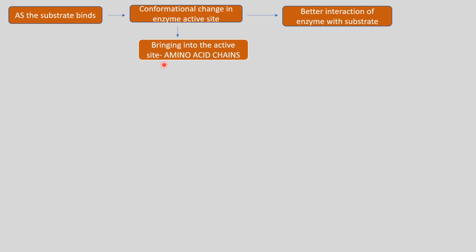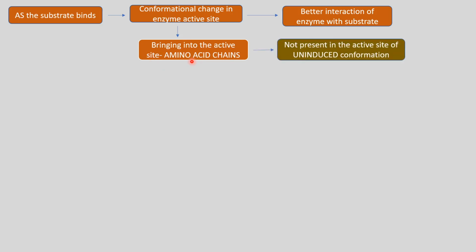So what is this conformational change that we are talking about? By conformational change, we mean bringing certain amino acid chains into the active site, right? And this is critical for the catalytic process.